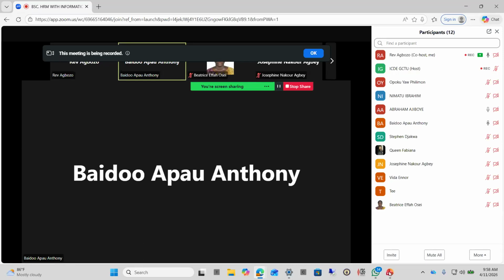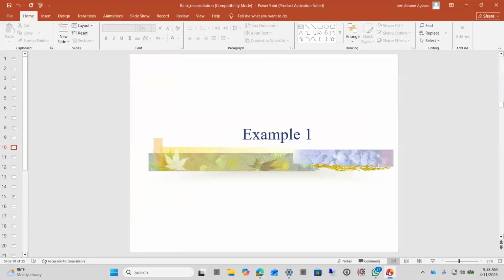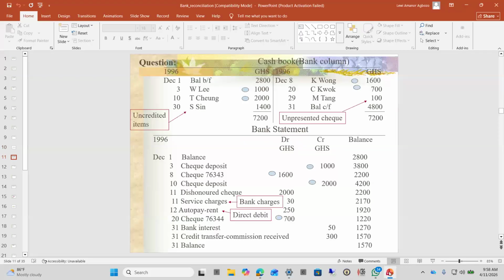All right, so we'll take an example. The example here is your cash book, which is at the top. That is the cash bank column in your cash book, and then below is the bank statement. So when you look at this, we say cash book, the bank column.